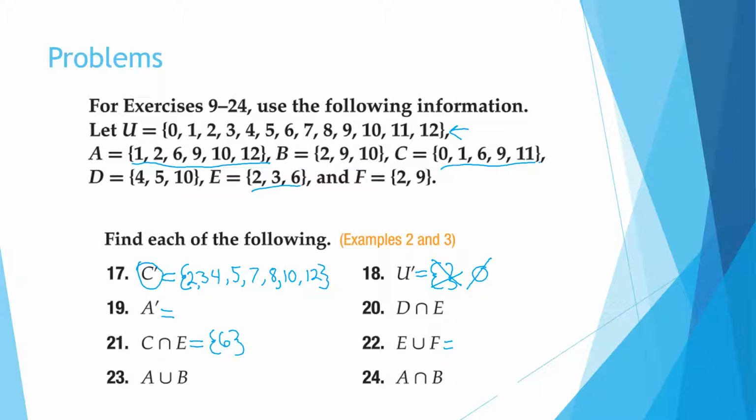I don't list it in the set more than once. So I go 2, 3, 6, 9. This includes every element in F and every element in E. You can see here's E and here's F. You can work the rest of those if you would like.